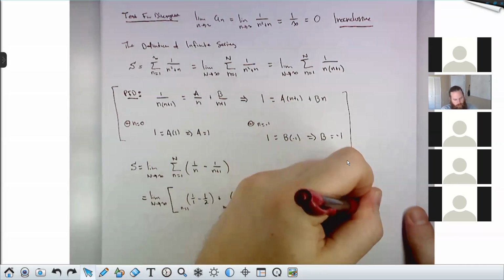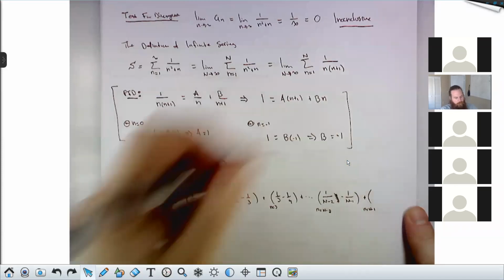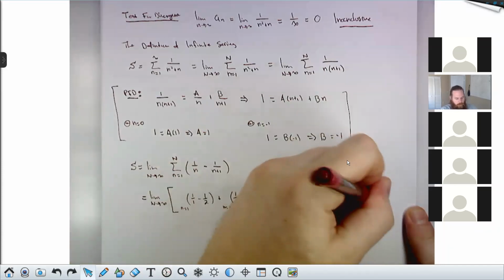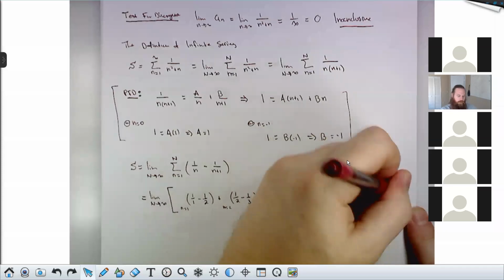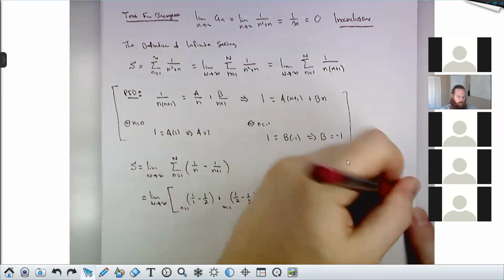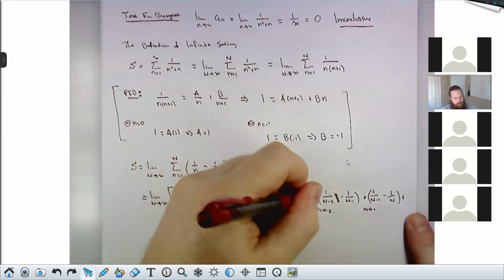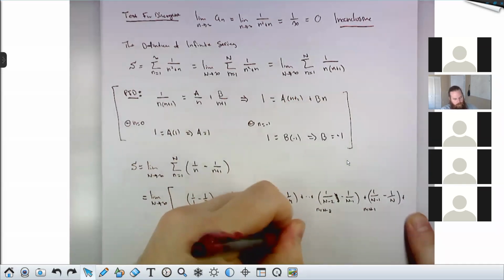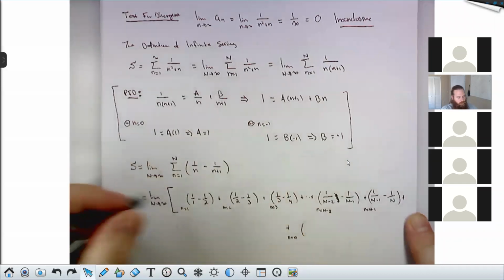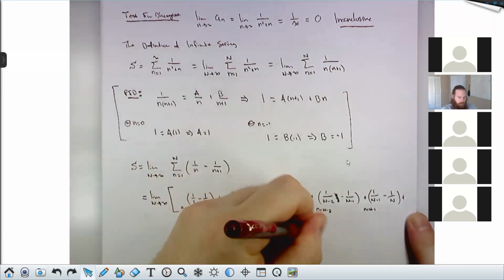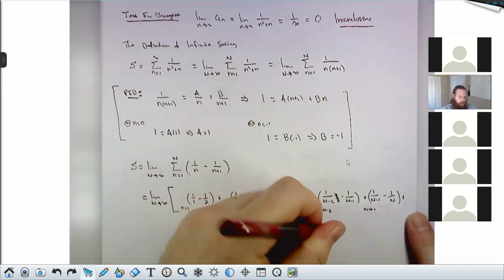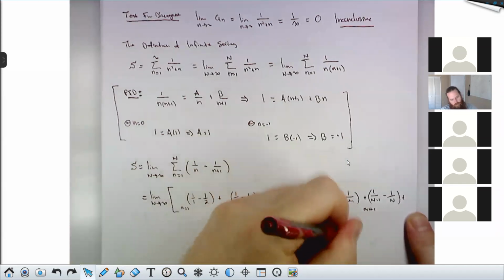Plus, when little n is equal to capital N minus 1, I have 1 over capital N minus 1 minus 1 over capital N, plus, and then my very last term here, when little n is equal to capital N, I have 1 over capital N minus 1 over capital N plus 1.